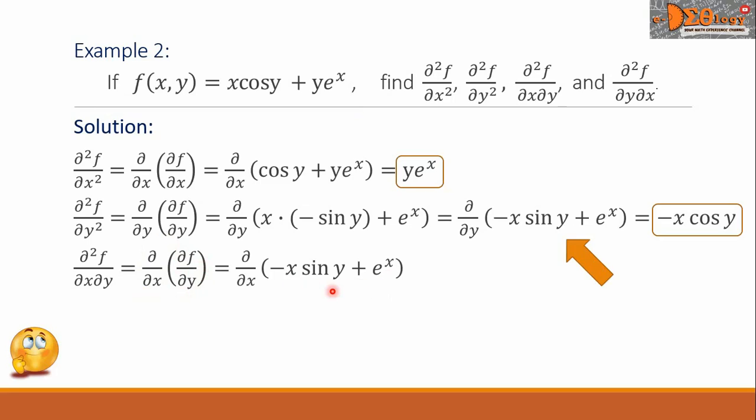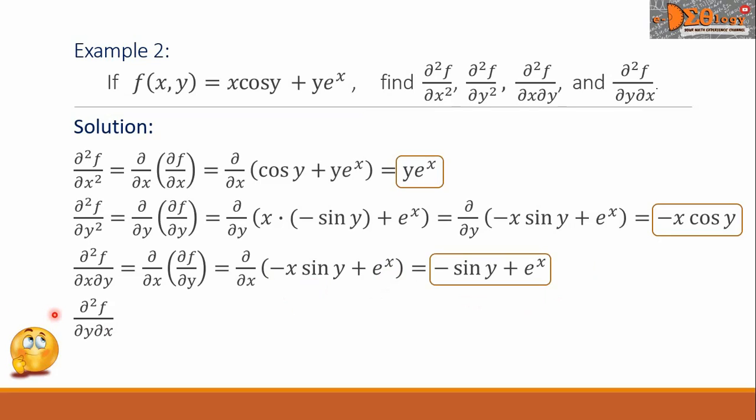I got this answer from our previous solution here. I just copied down here. Let us now evaluate the partial derivative of this function with respect to x. So we have negative sine y, that is derivative of negative x sine y here, plus derivative of e raised to x is the same. This is e raised to x. This is the final answer.